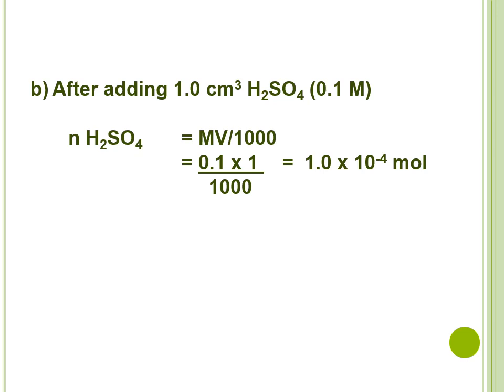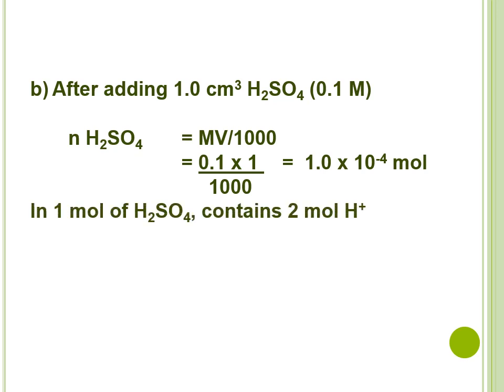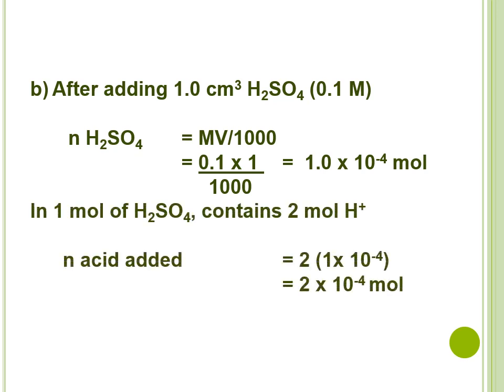This is for the sulfuric acid molecule. But one molecule has 2 moles of H+, meaning that we are going to add 2 times 10 to the power of negative 4 moles of H+.